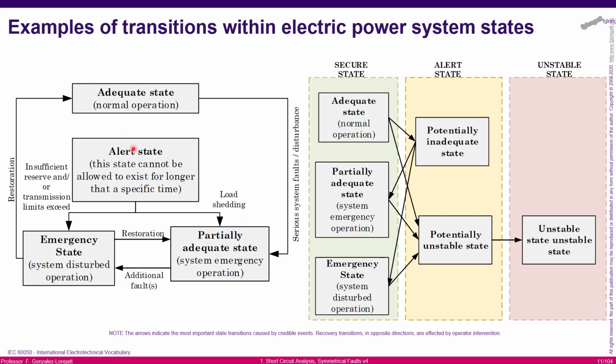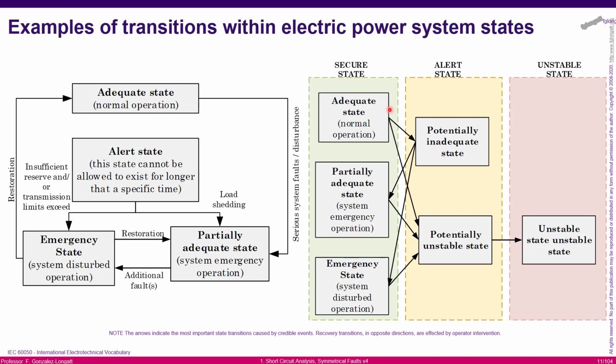We can go to the alert state, and from there there are possible options that we partially get another state that could be adequate or coming back to the normality, and then we have the emergency states, okay? Depending on them, there is a possibility of having some restoration, coming back to the normal state, or keeping in an emergency situation, okay?